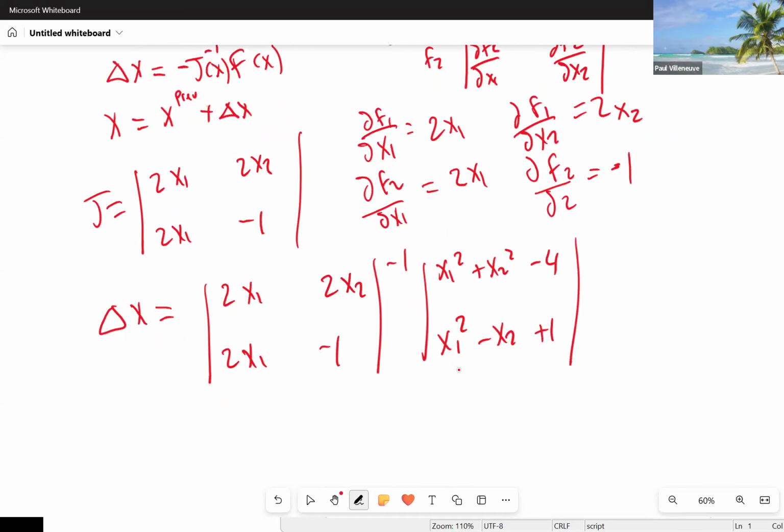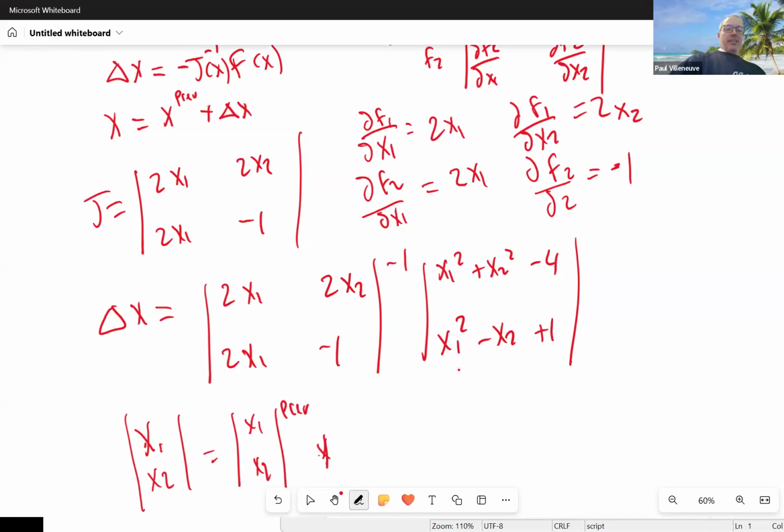Those are my delta x equations that I'm solving. And then to solve for x, x1 and x2, I'll just put them in a matrix: x1 and x2 previous plus my delta x.